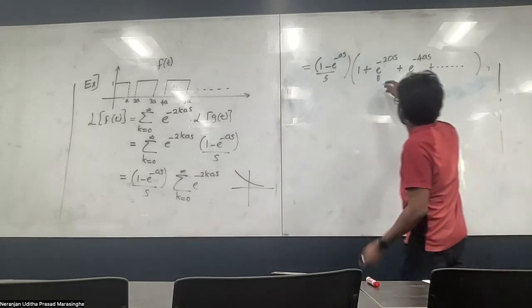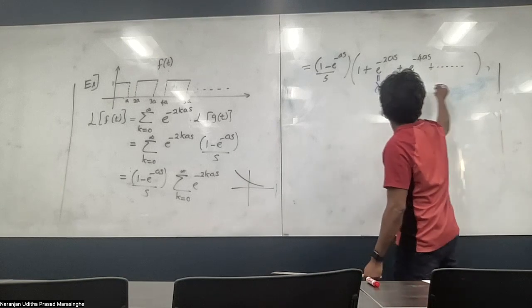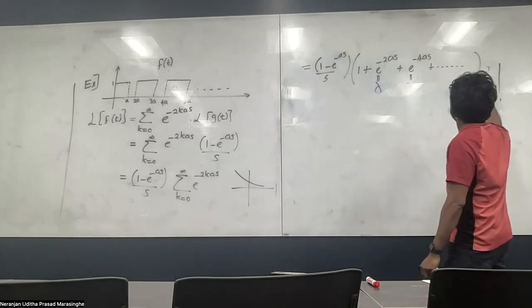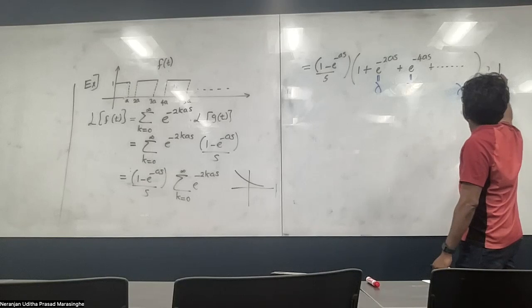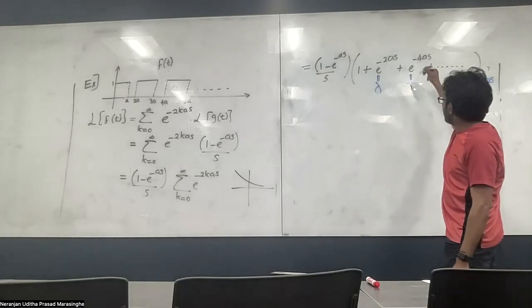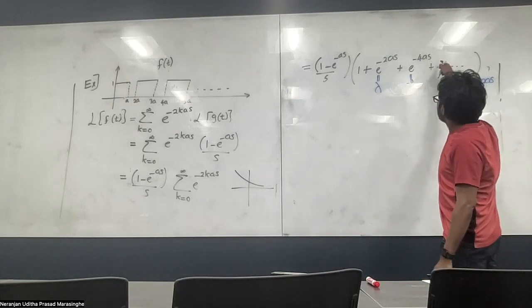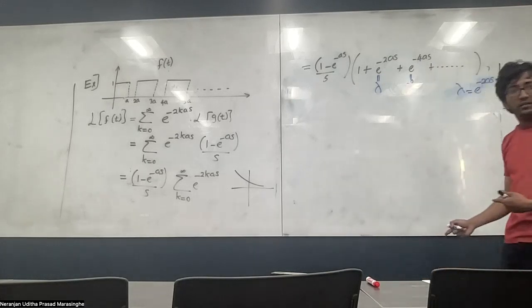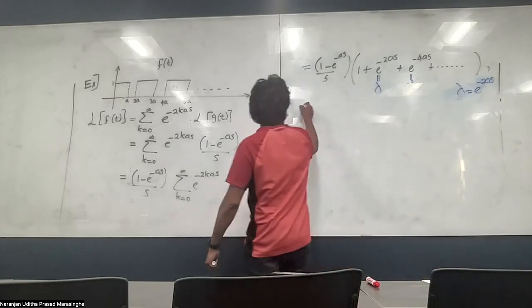So let's use lambda. I would call lambda equals e to the minus 2as. So if this is lambda, then this is lambda square. The next term is lambda to the power 3. Right. So what would I have?